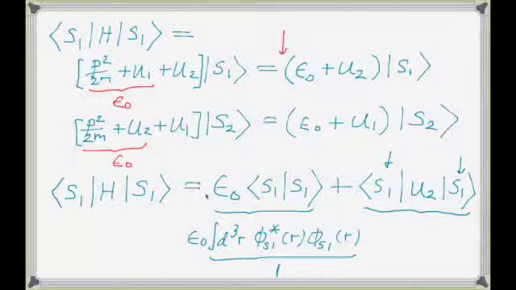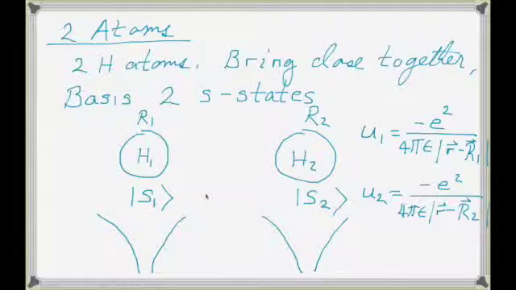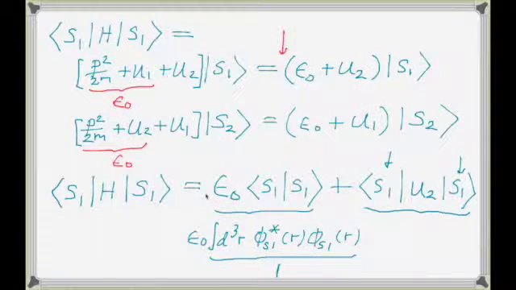U, if we go back and look at that potential, is always negative. These are my potentials, U1 and U2. They're always negative, so that integral will just give me some negative number. It'll mean a slight downshift of the energy because I'm feeling some negative potential somewhere else. So it's just going to give me some correction to epsilon 0. We're just going to define that as some delta, some shift, which would be negative.